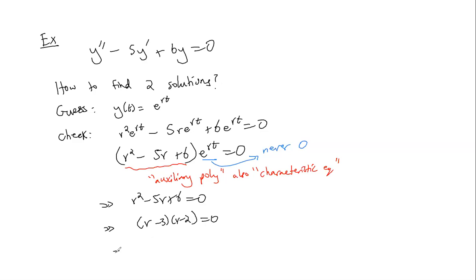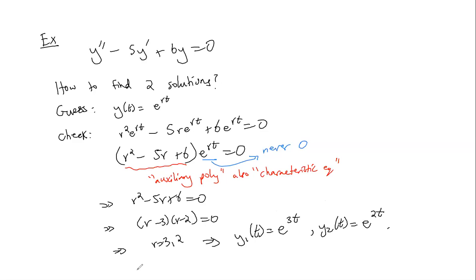So we get r equals 3 and 2, from which we find two solutions, e to the 3t and e to the 2t. These are two different solutions, and in fact they're linearly independent, which we'll find out later.